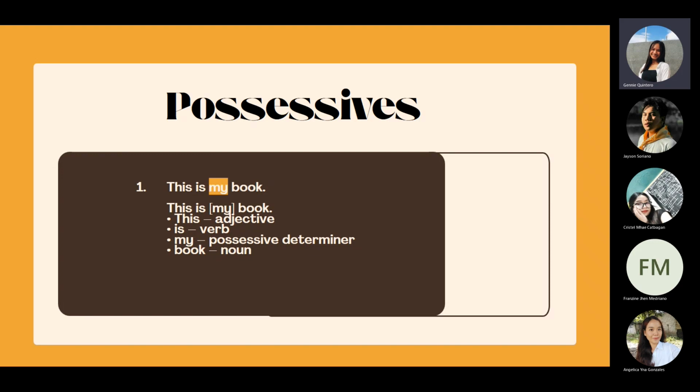The possessive happens through using and inserting my. In addition, the possessive happens by the presence of adjective plus verb plus pronoun plus noun. The remaining ones are underlined, proving that these are the words that make the structure complete. Next slide.